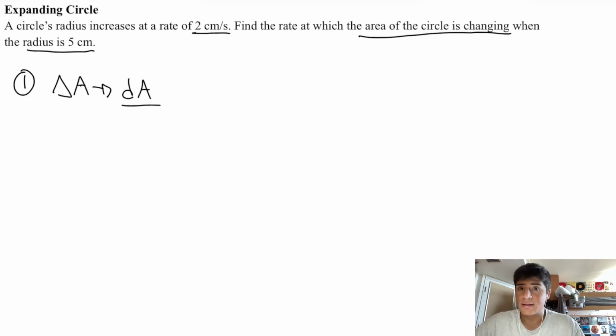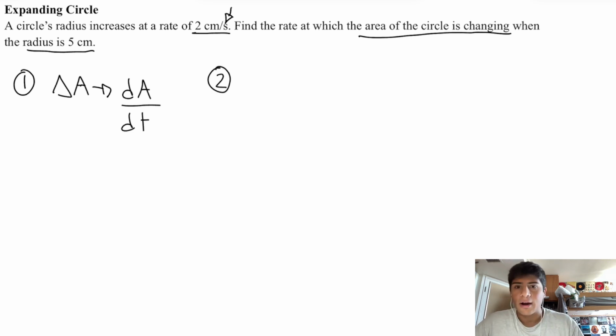This isn't explicitly given, so we have to think about it a little bit, but our answer is going to be time. The reason why is because the circle's radius is increasing in terms of time at 2 centimeters per second. So our rate at which the area is changing is also going to be per second, which is dt. dA over dt. This is what we want to find.